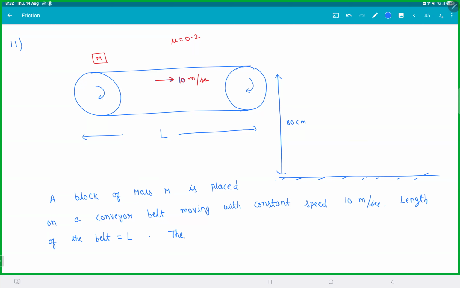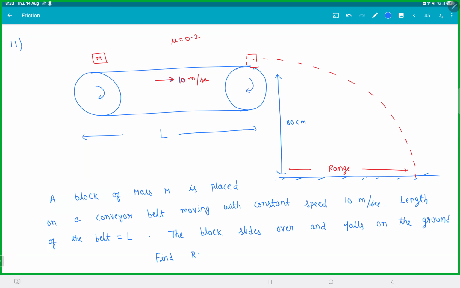So what will happen? This block will start sliding, and eventually it will fall on the ground. This is the range. Find the range. M and L values are not given.